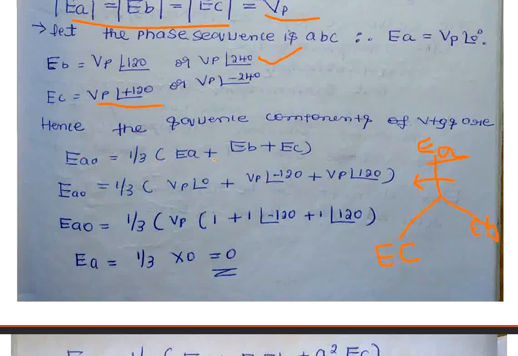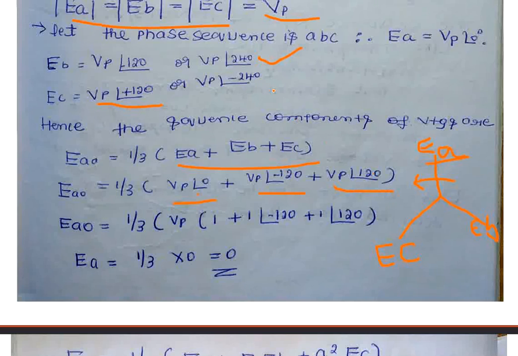Hence the sequence components of voltages are: EA0 equals 1 by 3 of EA plus EB plus EC. This you know. EA0 equals 1 by 3 of VP at an angle 0, plus VP at minus 120, plus VP at 120. I am representing everything in terms of EA. The 240 you can write as minus 120, and minus 240 you can write as 120, no issue.